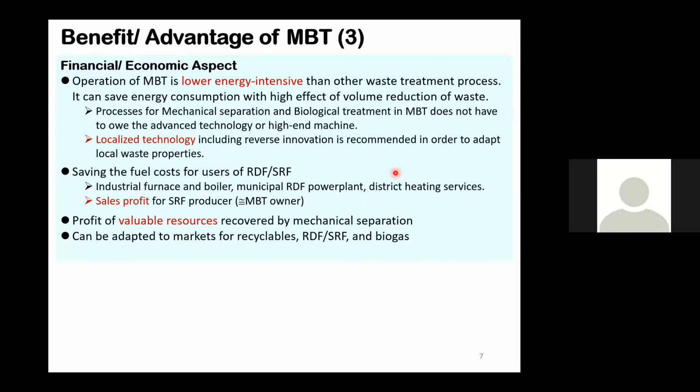They should have a certain benefit or motivation to introduce MBT in society. Not only the fuel, the valuable recyclable materials could also be a possible source of profit for the systems, and they can also contribute to improving the financial balance.